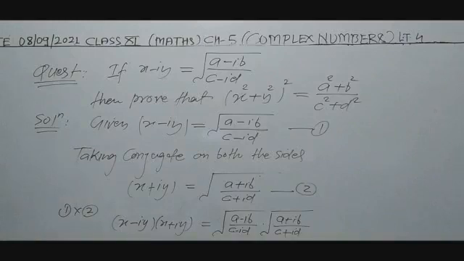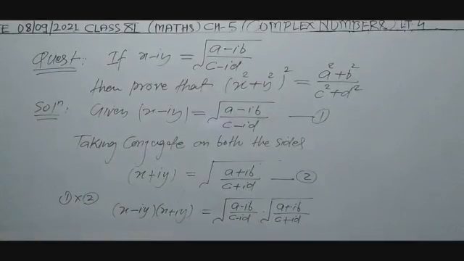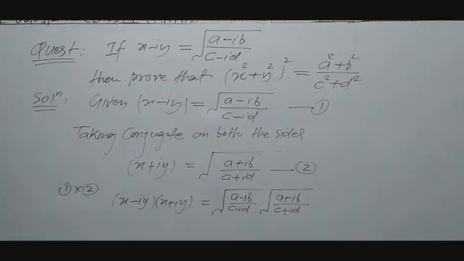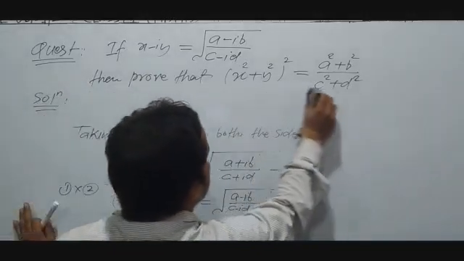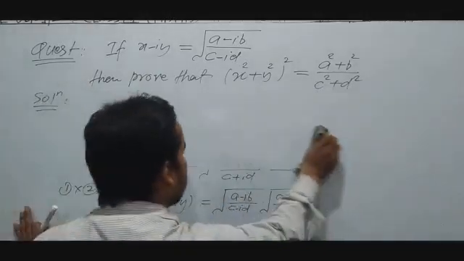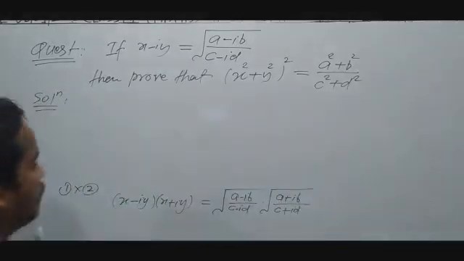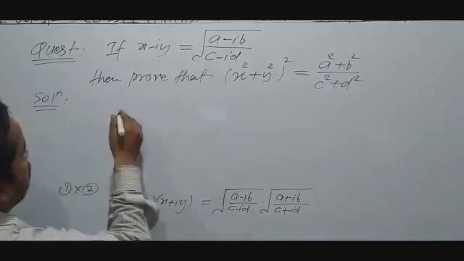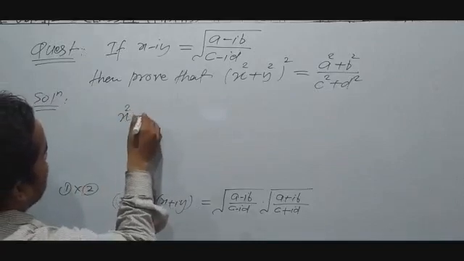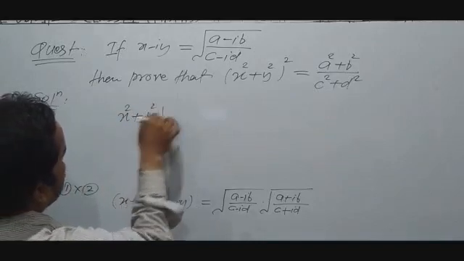Now what will be its result? See, this is (x minus iy) and (x plus iy), so the result will be x square plus y square.